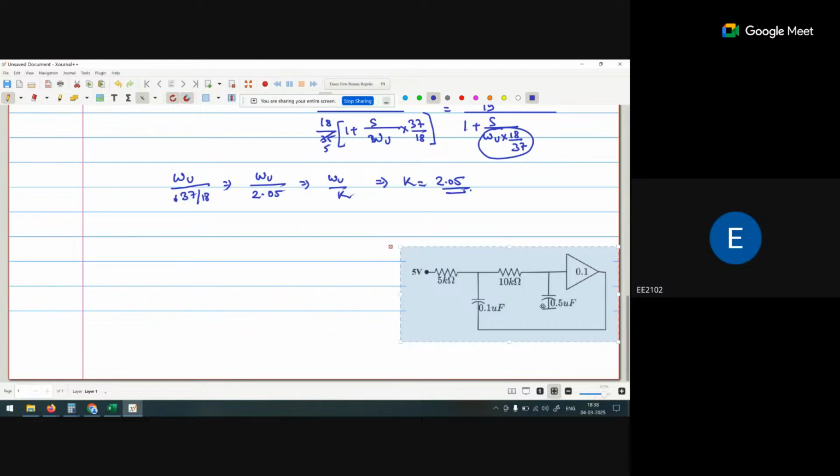If I say this is the voltage V1 and this is the voltage V2, what is the value of voltage V1? Can I apply the KCL at this point? The current that is coming from this one will be going in this direction. Can I apply?